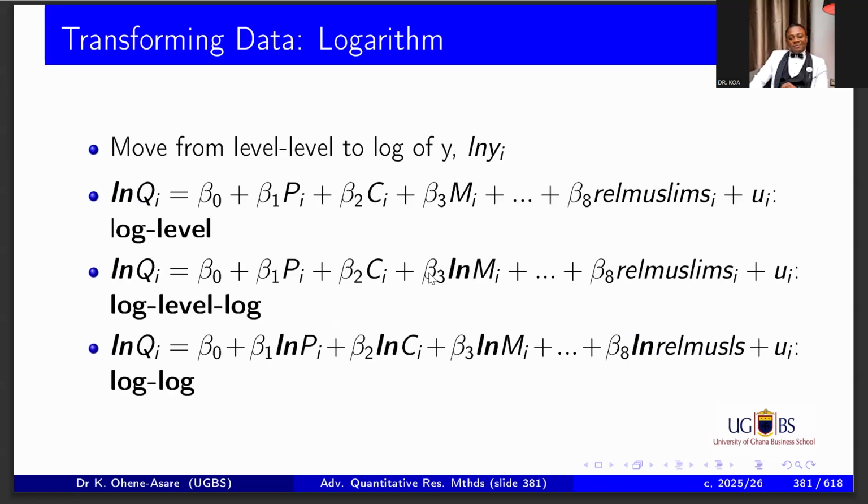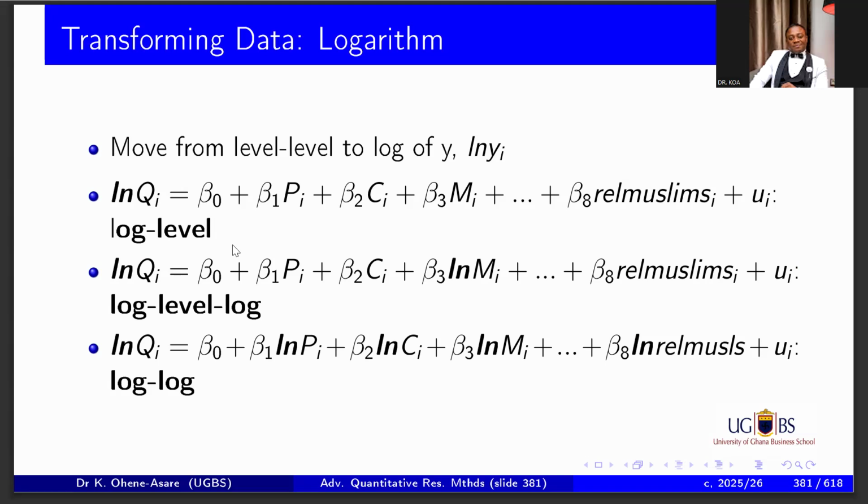You can transform it using the log. So in all the models you have, watch the different means of transforming the data. The first one, I transform only the dependent variable, and everything else in the independent frame is the same. This is known as log level. Log here means the dependent variable. Level means that the independent variables have remained as they were, leveled.